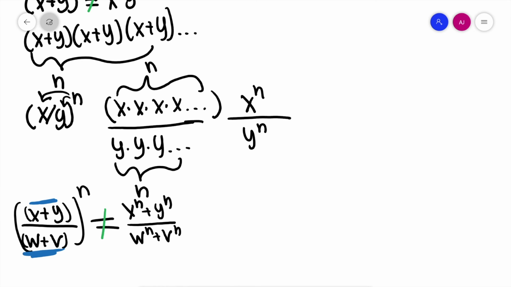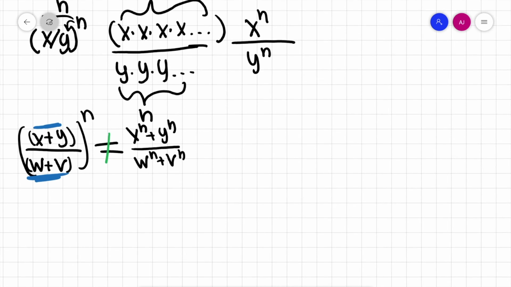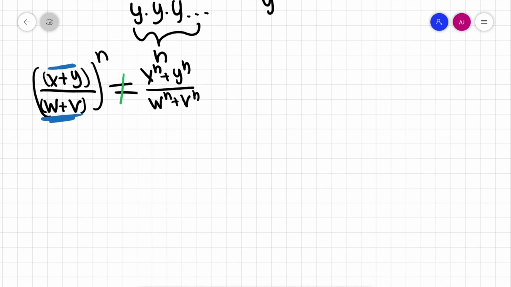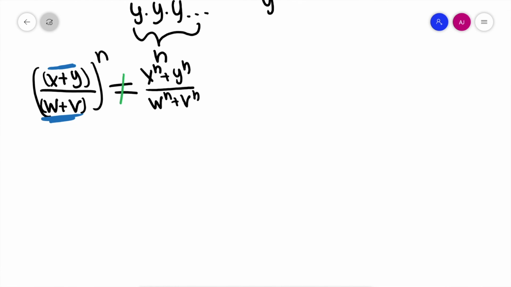So as our final property, we need to think about what happens when you raise a number to a fractional exponent, right? Like what happens if you have x to the m divided by n, right?